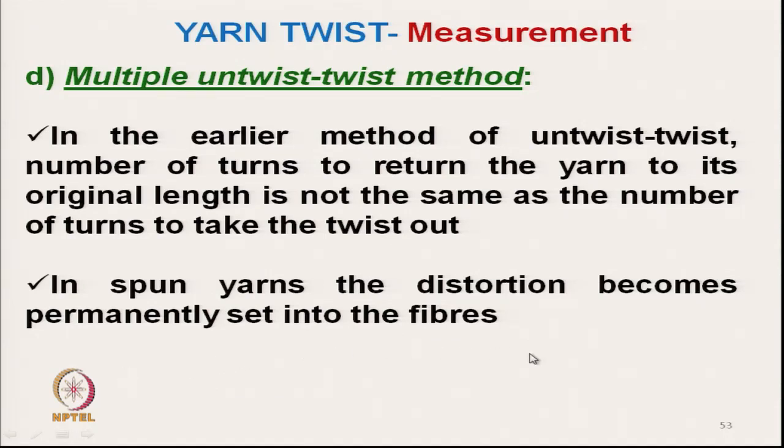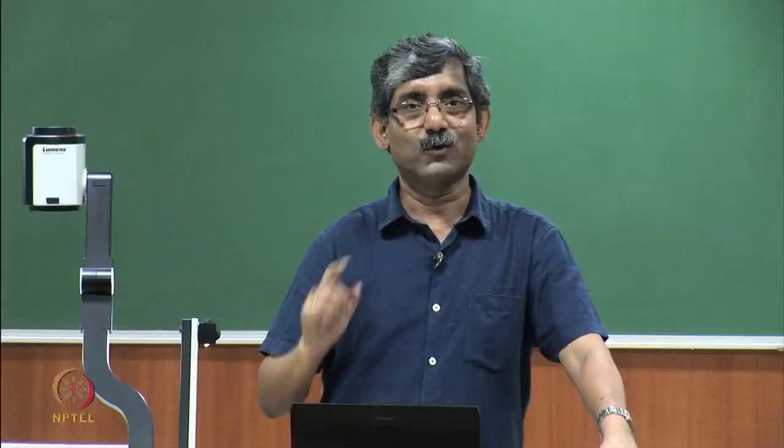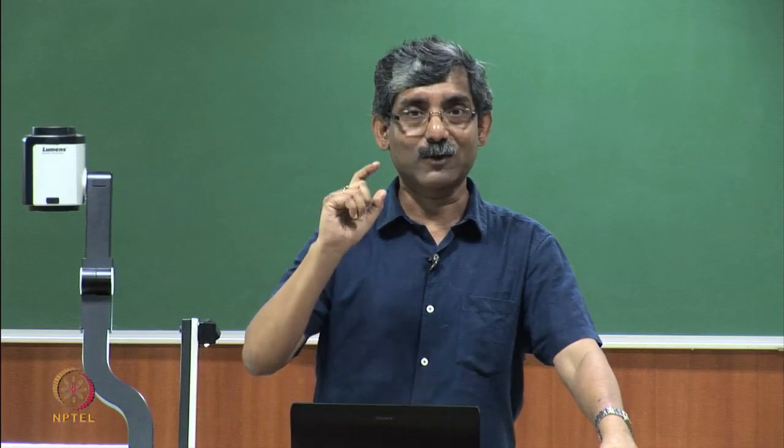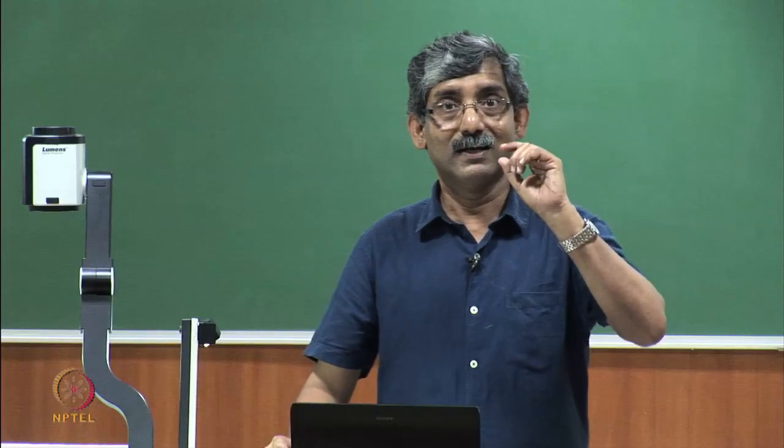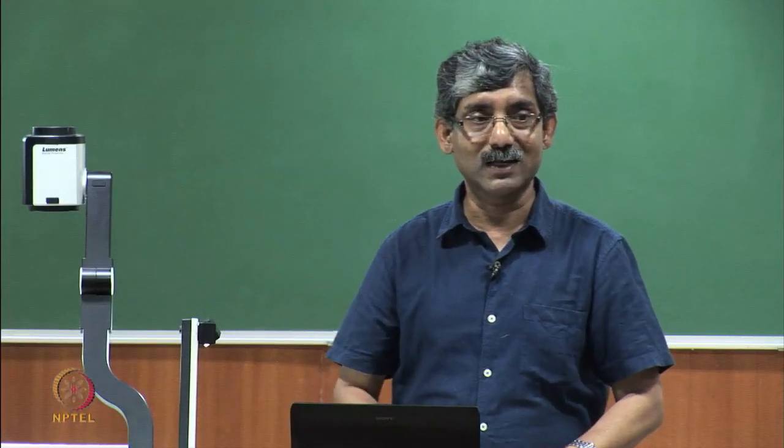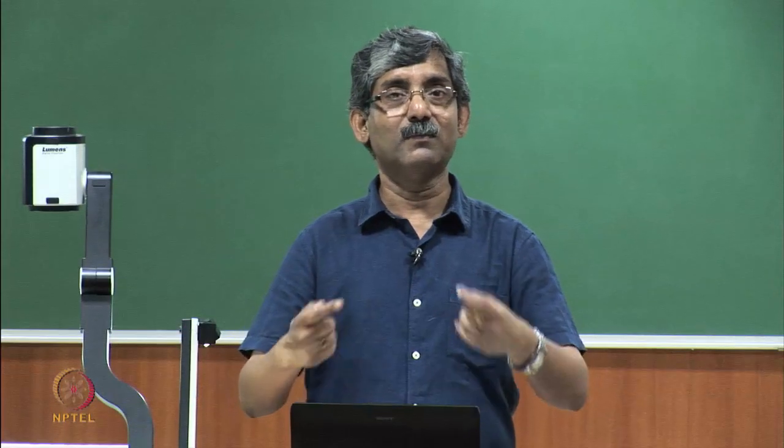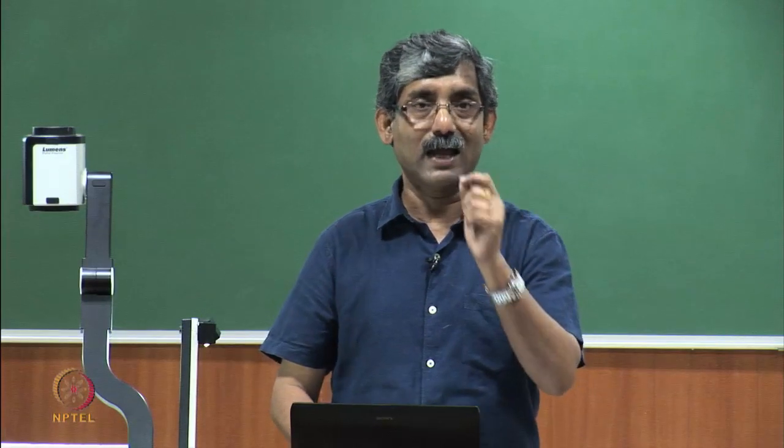Sometimes in cotton yarn, if we set the twist by steaming or some other treatment, and not only cotton yarn, for synthetic yarn we normally set twist, the fibers get permanently set in the distorted condition, and untwisting becomes a problem, and the elongation due to untwisting and the contraction due to retwisting are not the same, so it adds some error.